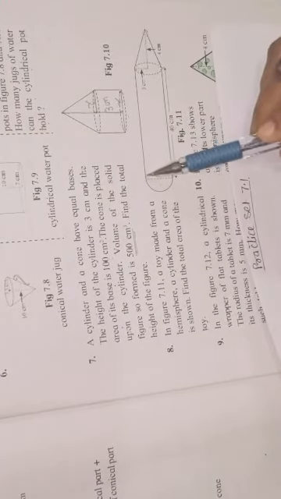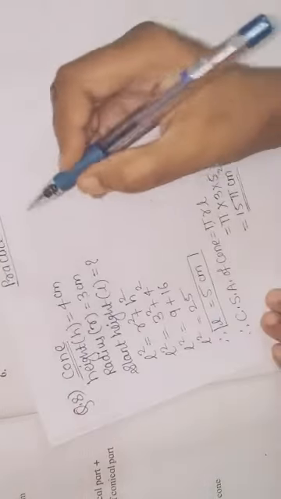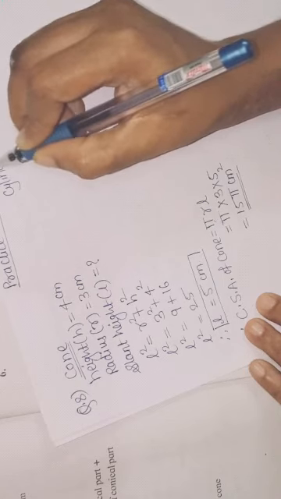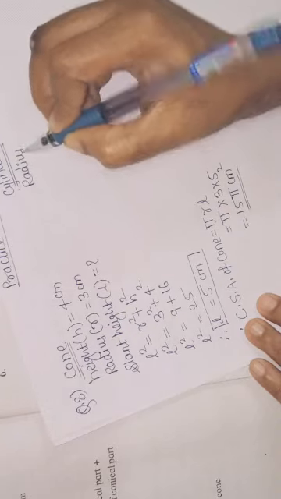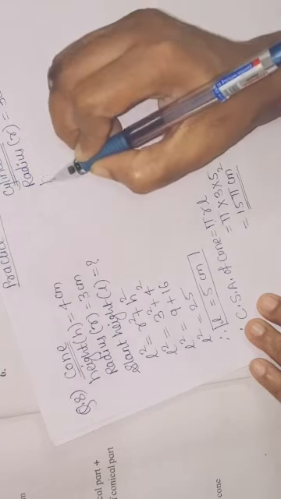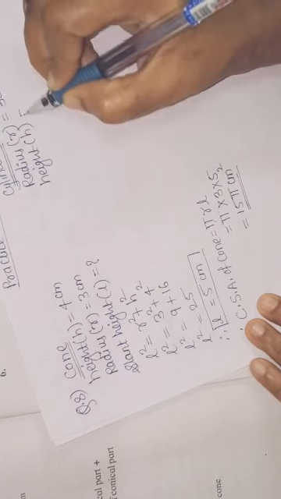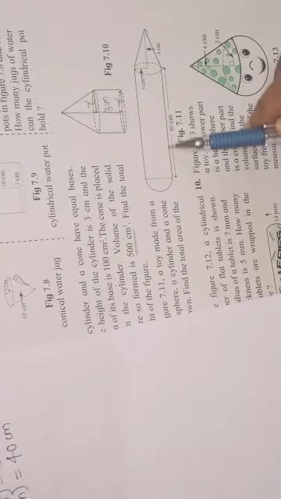Now let us find curved surface area of this cylindrical shape. So next shape is cylinder. For cylinder, radius R is given 3 centimeter and height H is given 40 centimeter. See, this length is considered as height 40 centimeter.